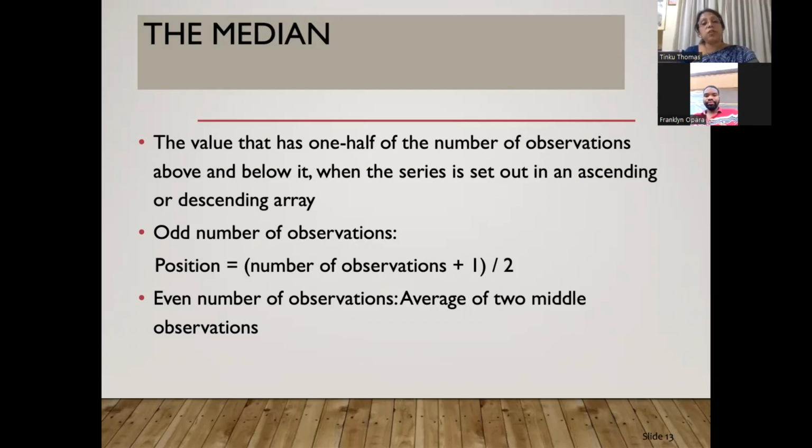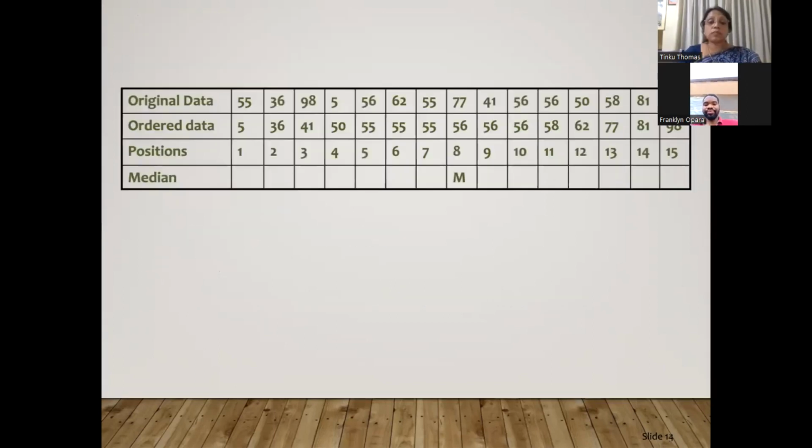We have to arrange the data in either ascending or descending order and identify the middle value. And what is the advantage of having the median? This is a set of data to show how the median is calculated. You can see that the 8th value, in this case, when we arrange the data, 56, is the median value.